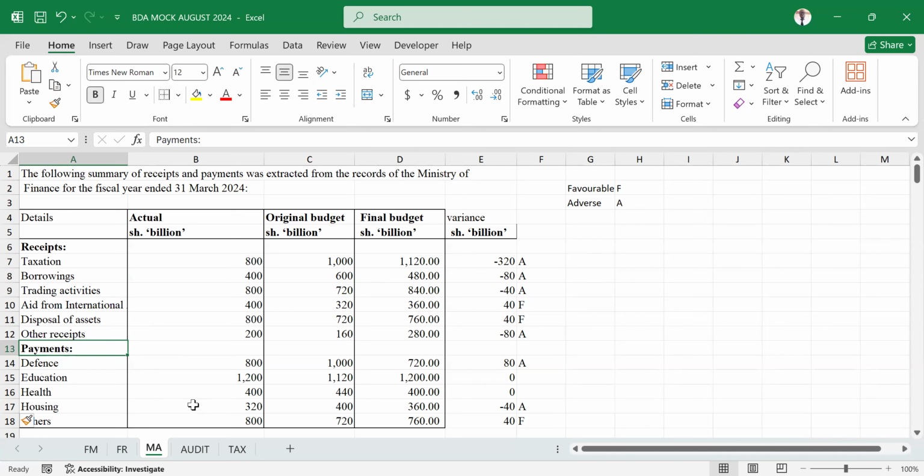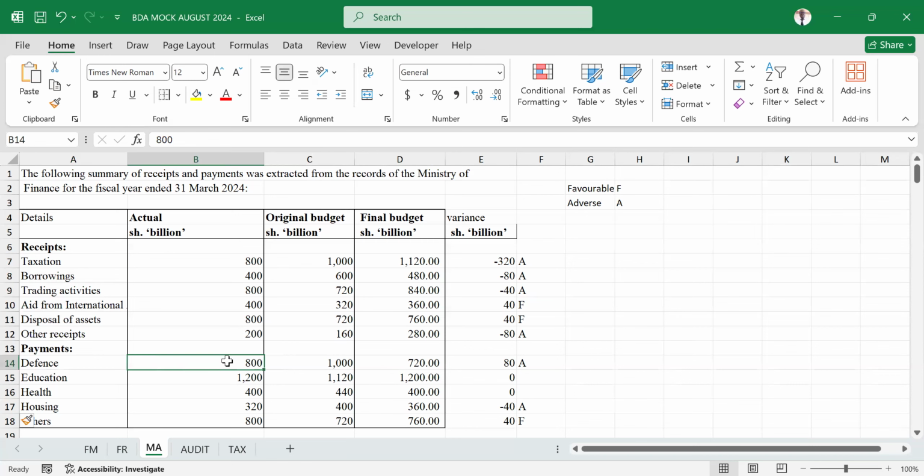If the actual payment, for example, on defense was 800, but then in the final budget, it was 720. So in the final budget, you budgeted for 720, but actually you paid 800, right?